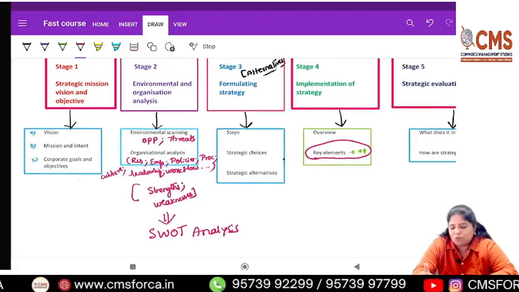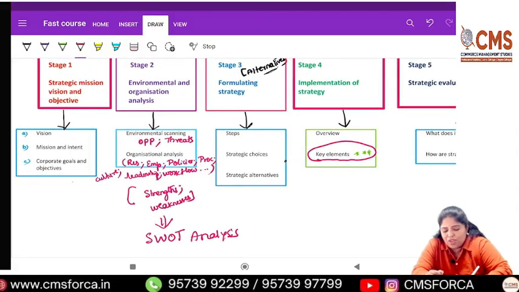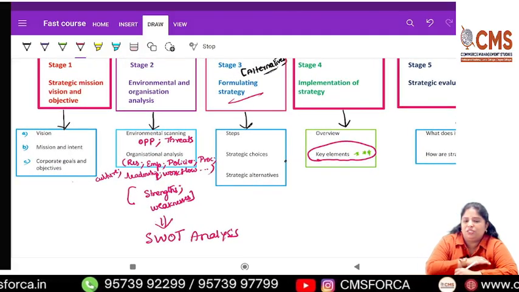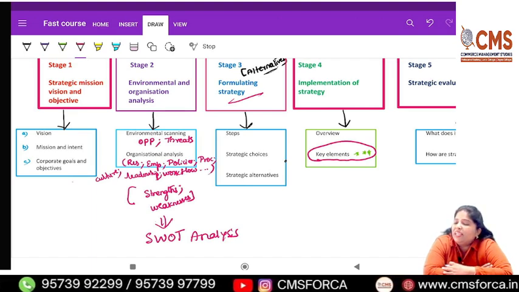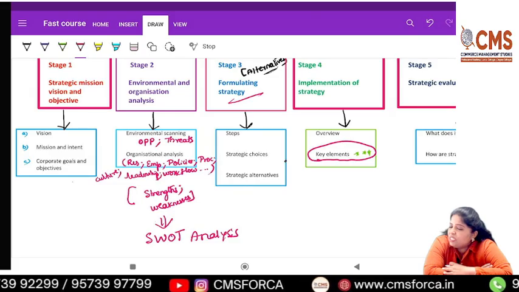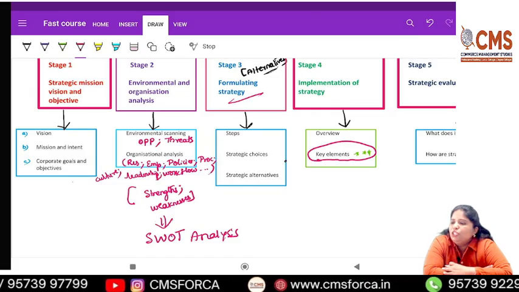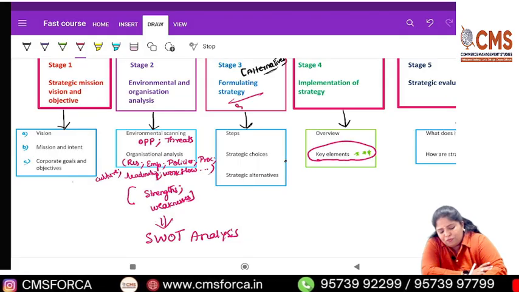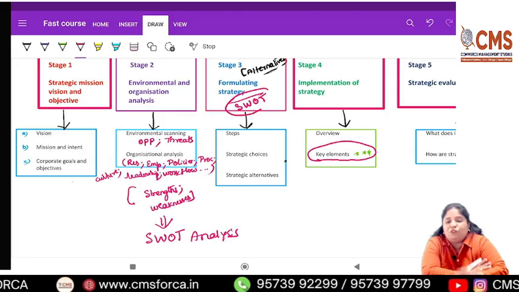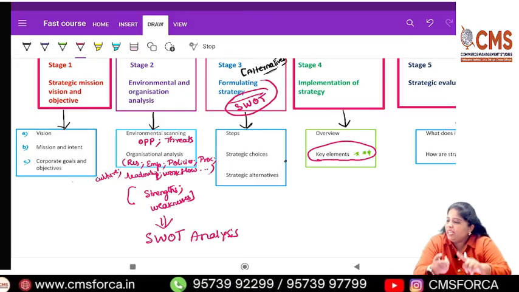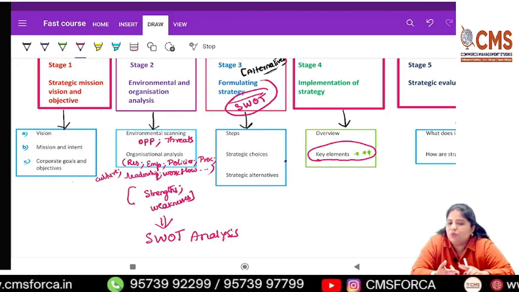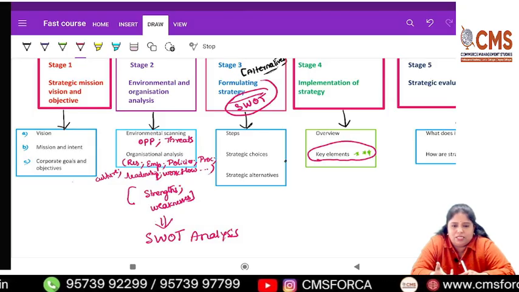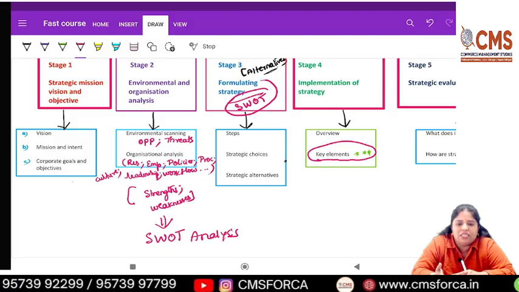Now let's talk about stage 3, where we are going to formulate strategy, where we are going to make a lot of alternatives in the strategy. But to develop those alternatives, you need to first go through your SWOT framework. Only after knowing your strengths, weaknesses, opportunities, and threats, you're going to develop alternatives.